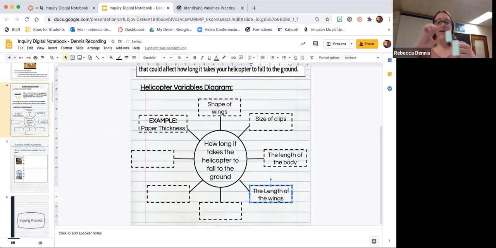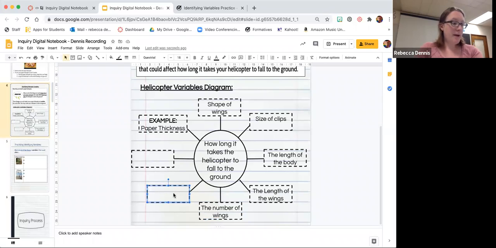So perhaps making these wings shorter or longer might make a difference. The number of wings. So if we added more wings to this design, if we added like 2 more wings or 3 more wings, maybe that might change it.